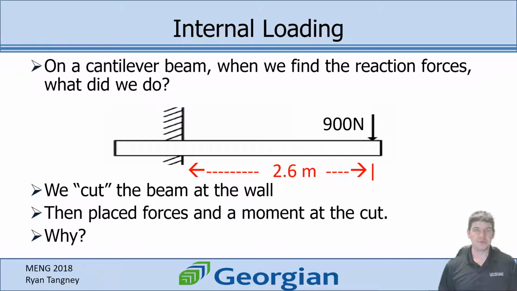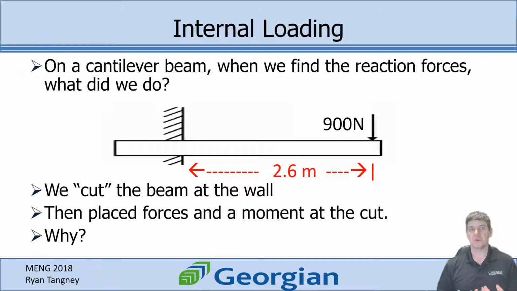So we removed the wall, which in that case was the left-hand portion of the beam that was embedded in the wall, and we then just replaced that with forces. We replaced it with an up force, that was the wall's reaction holding up the beam, and we replaced it with a moment, again, that the wall was holding up the beam.